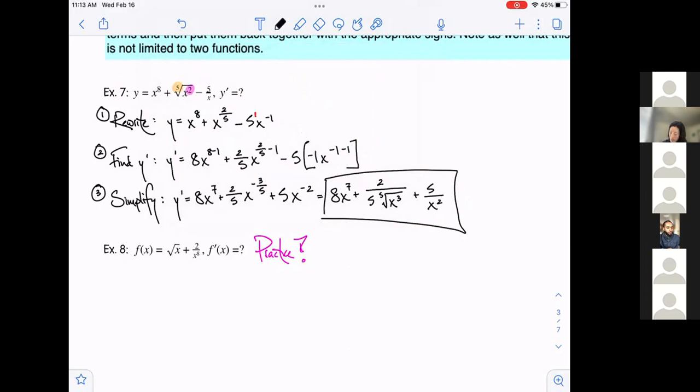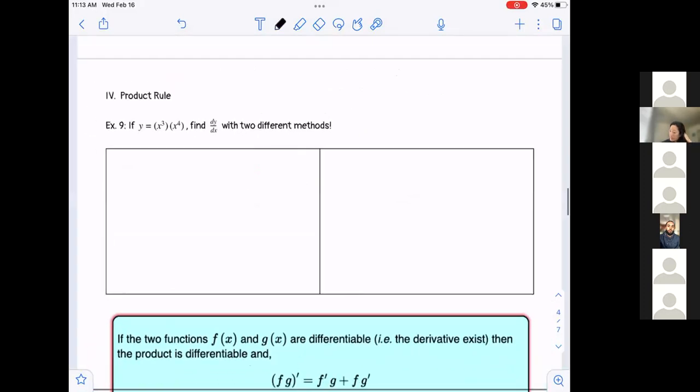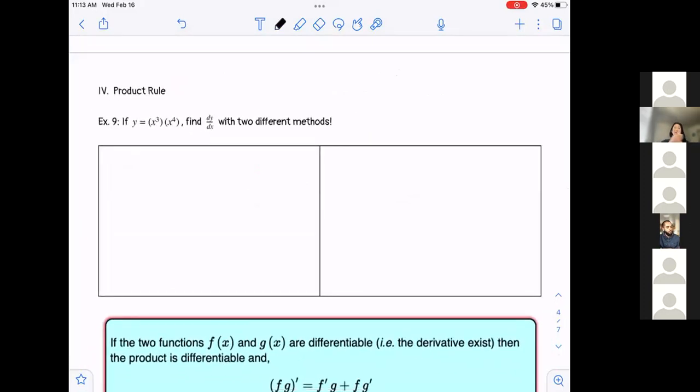All right. So the second chunk of class, we're going to talk about the product rule. The product rule is probably the second most common one after the power rule. So when I say product, what math operation do you think of? Exactly.